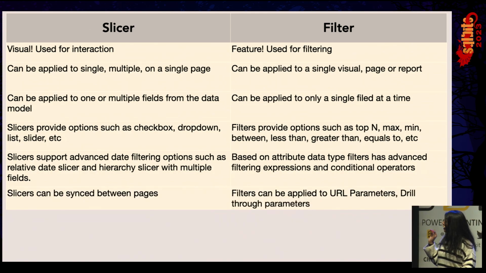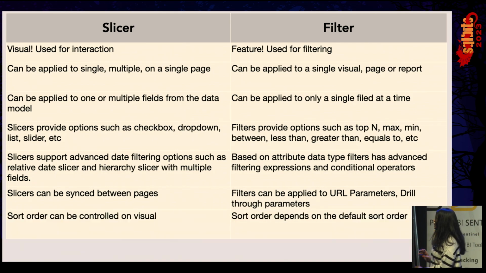Sync slicers is a great functionality, quite nice, because you could control what pages you want to work with. But URL parameters and drill through parameters are also really good functionality, especially when you want to pass all the filters from one page to another page. So that's when I would probably go for filters, but slicers have their own benefits when it comes to syncing pages.